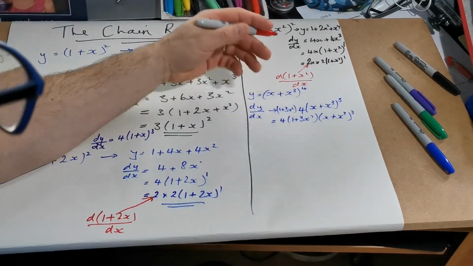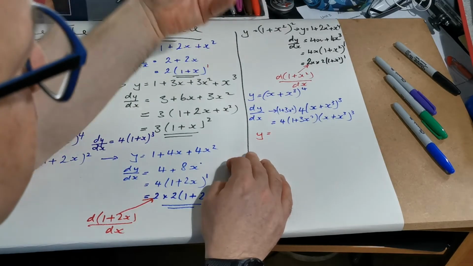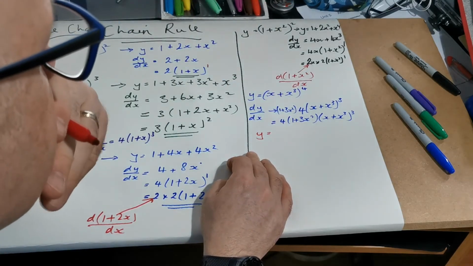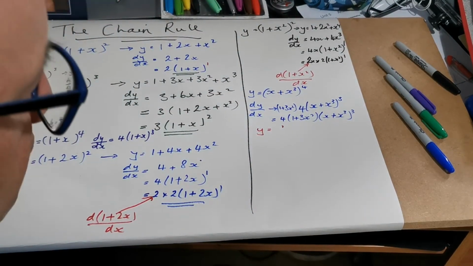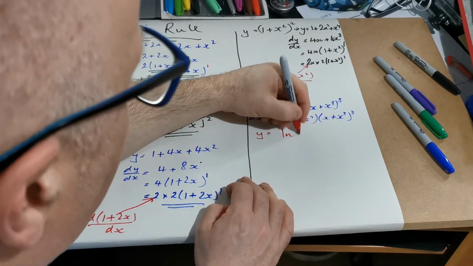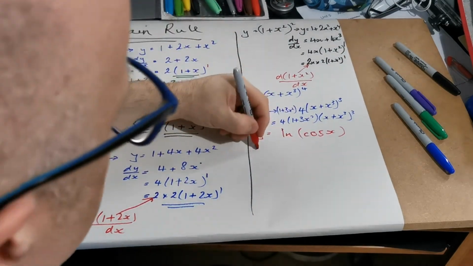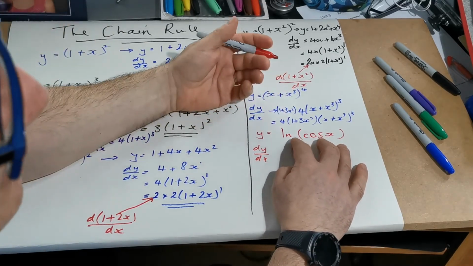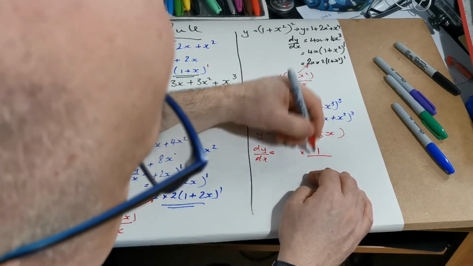So if y equals a function of a function, let me think how I'll put that. No, I'll complicate it if I go too far with the terminology. Let's just have a look at y equals ln of cos x. So dy by dx: if you were differentiating ln, the differential of ln x is 1 over x, so you would expect to get 1 over what's inside the bracket, and you do.